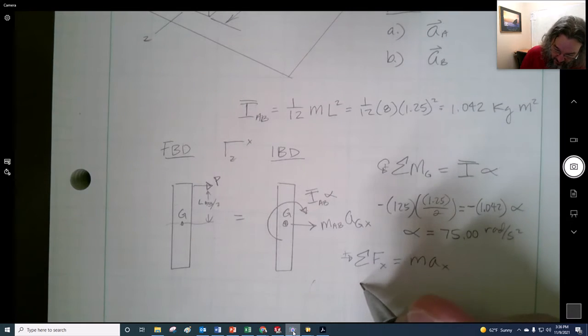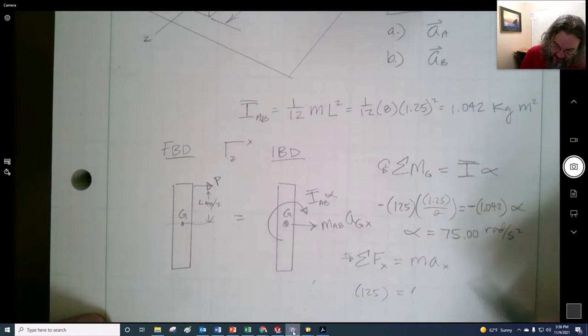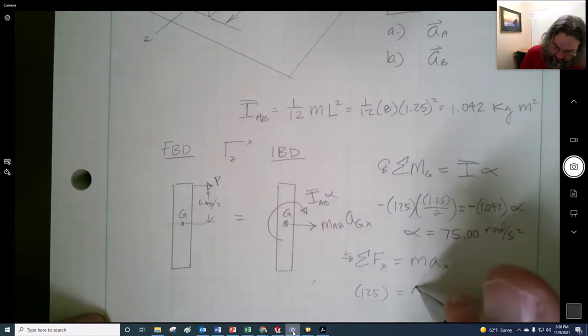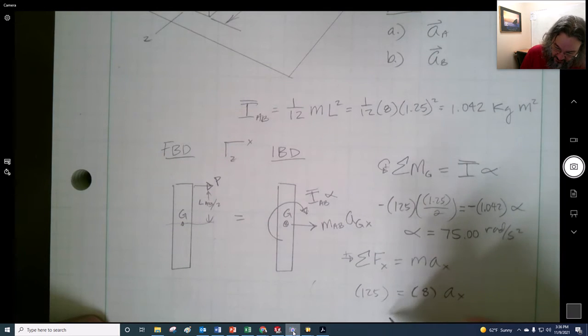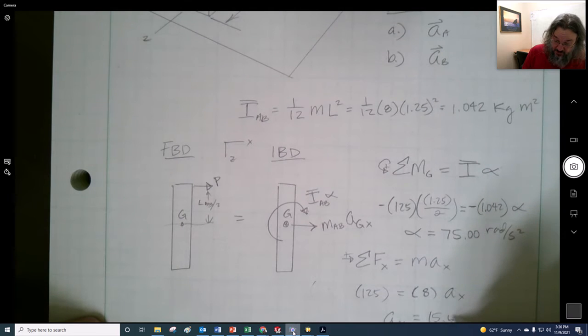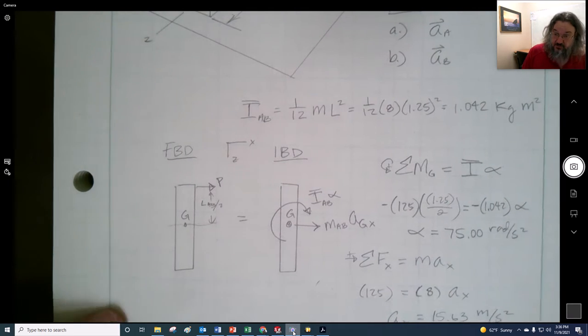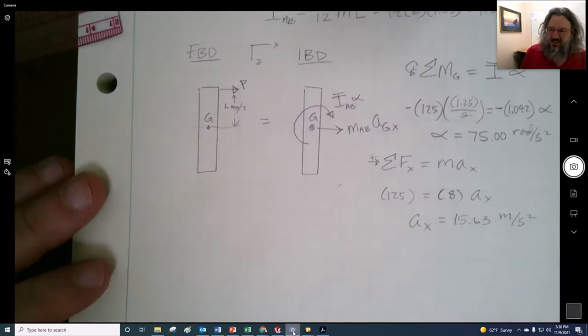So 125 positive, the only thing on the left-hand side, equals the mass, 8 kilograms, times the acceleration in the x direction. So the acceleration in the x direction is 15.63 meters per second squared. It's a pretty easy problem, by the way. Next problem's much harder.